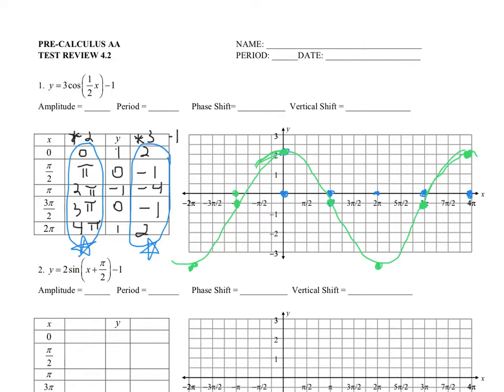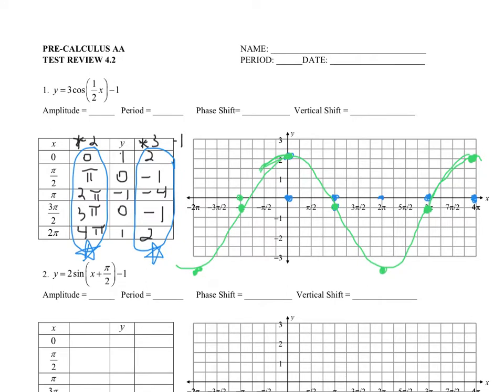So I take all of these angle measurements and I put them along the x-axis. So 0, 0, I put a point here. Pi, I put a point at 2 pi, 3 pi, and 4 pi. This just helps me when I get ready to graph so I know exactly where to put the y values.